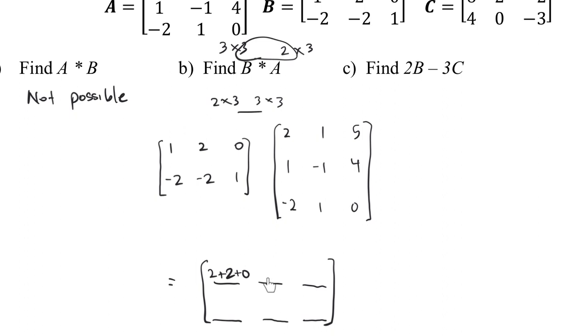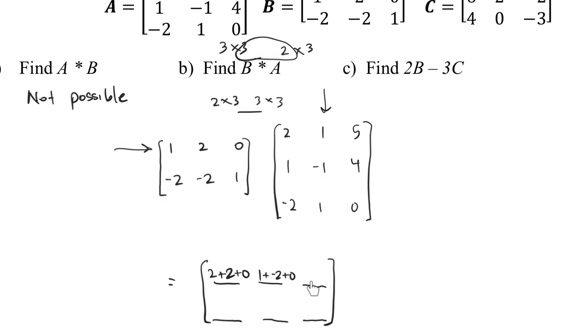Now this entry here is row 1, column 2, so we still need row 1, but now we need column 2. So I'm going to use row 1, column 2 to get that entry right there. So 1 times 1 is 1. 2 times negative 1 is negative 2. And then 0 times 1 is 0.